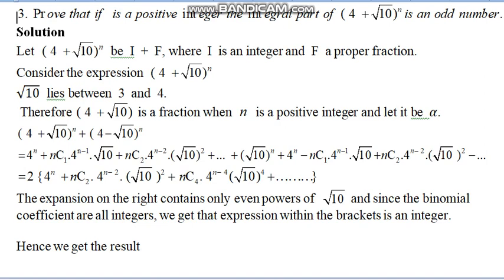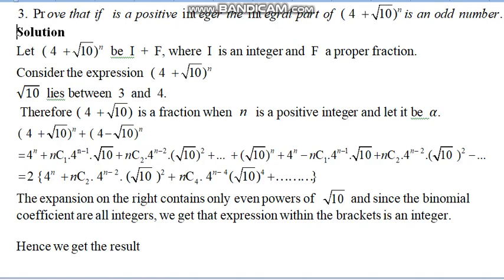Take the expansion of both and simplify. Finally we get that the expansion on the right contains only even powers of 10, and since the binomial coefficients are all integers, the expression within the brackets is an integer. So hence we get the result.